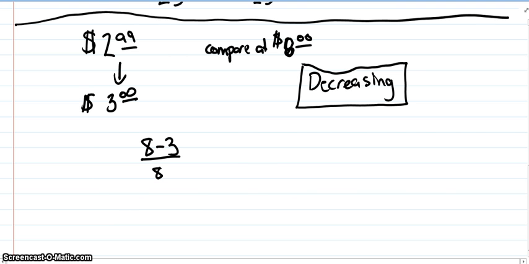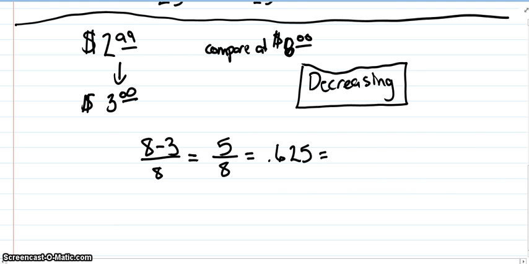And that equals, when you divide it out, 0.625, which equals 62.5% whenever I move that decimal place 2 places to the right.